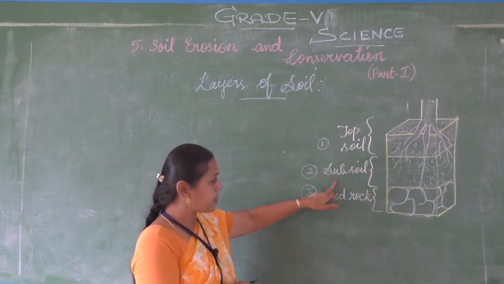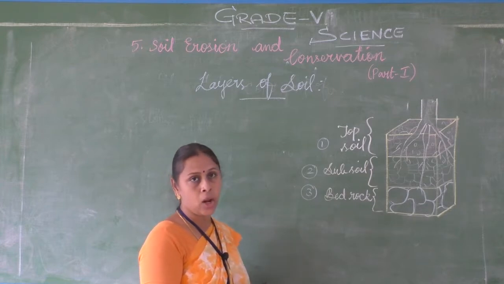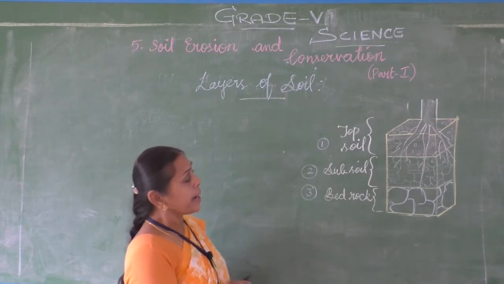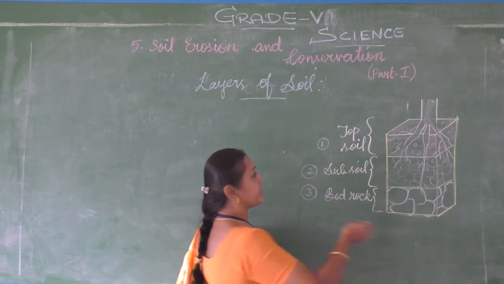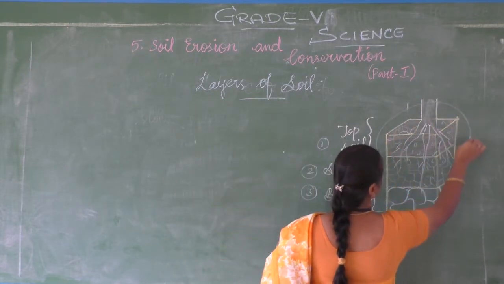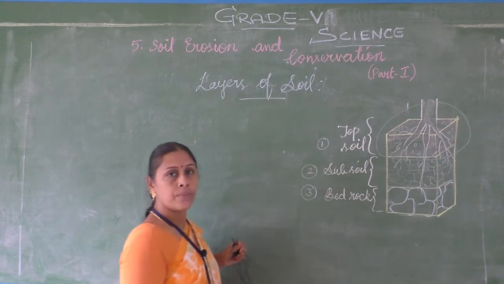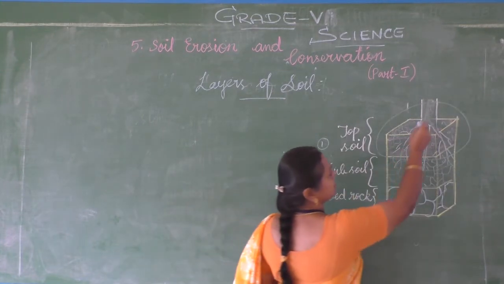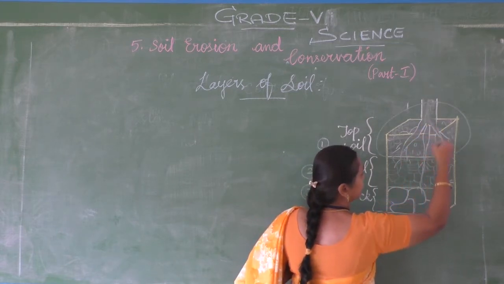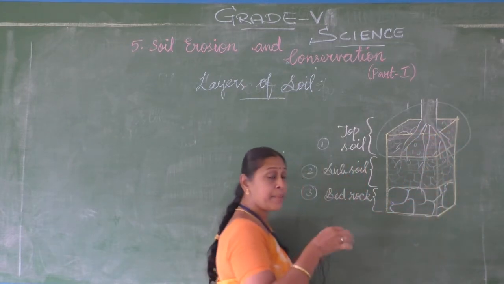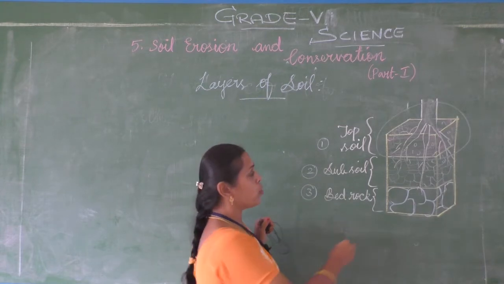Topsoil, subsoil and bedrock. In the topsoil only, you can see the plant's growth. So here in this diagram, can you see this is the stem part of the plant and the roots have penetrated into the soil. Penetrated means entered into the soil.